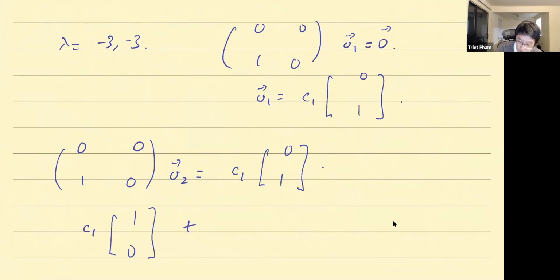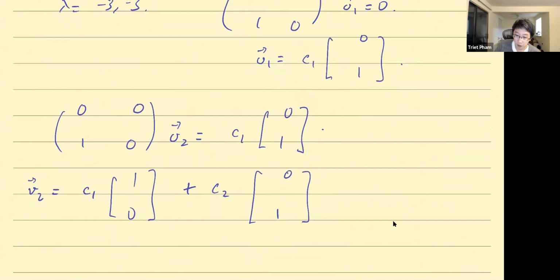Then you need to add the homogeneous solution, which comes from the eigenvector itself, which gives you C2 times 0, 1. So this is V2, the pseudo eigenvector. Any question here about this process?